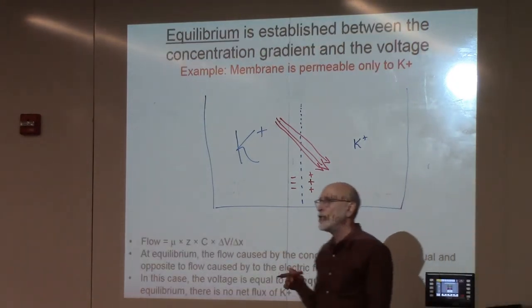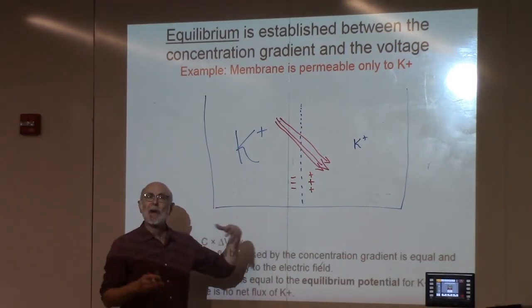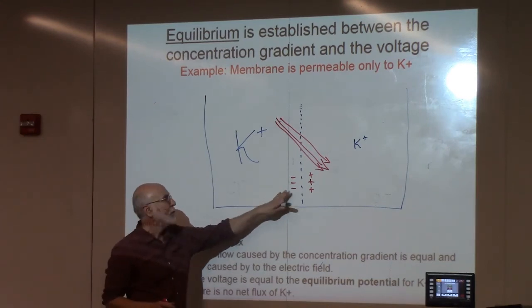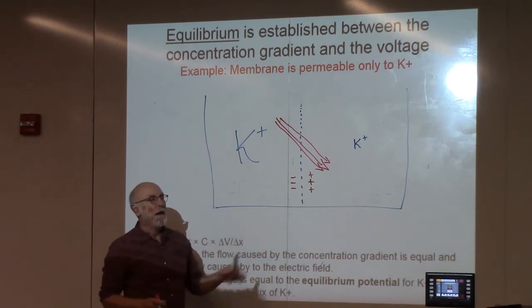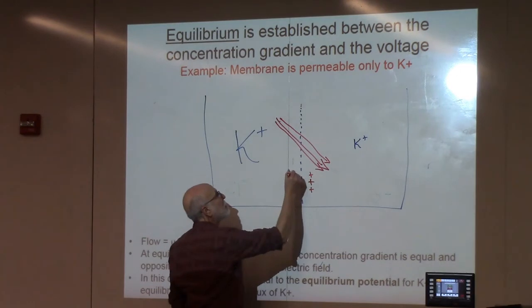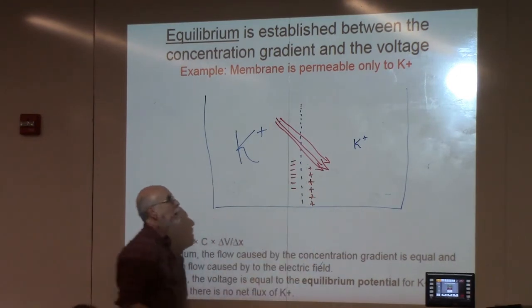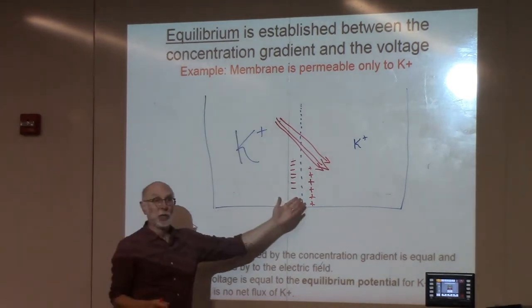But now we're setting up an electric field, a voltage, that's going to affect the movement of ions. That's what voltages do. This side is negative with respect to this side. So eventually there's going to be enough flow that we're going to establish a large electrical gradient.